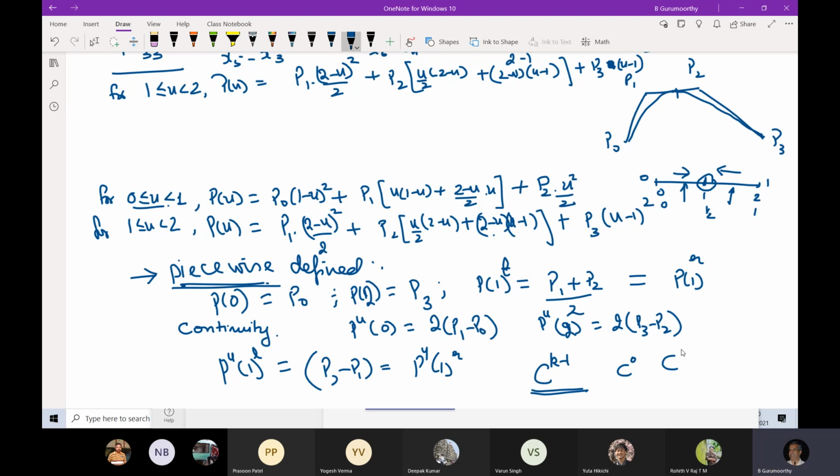C1 means tangent, derivatives are continuous, first derivatives are continuous. C2 means that curvatures are continuous and so forth. And so if we have the spline curve, then we find that even though the definition is piecewise, meaning each segment has a different expression for the curve, continuity is automatically ensured.